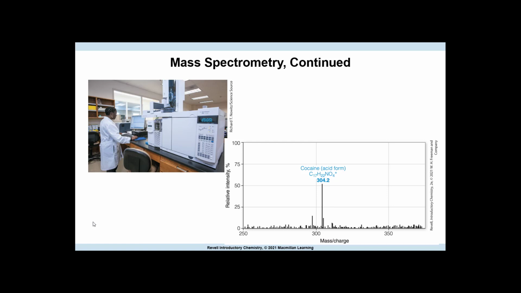Mass spectrometry is routinely used in chemical analysis. For example, forensic chemists use mass spectrometry to monitor for hazardous or illegal substances. This figure shows the mass spectrum of a sample taken from the surface of a dollar bill. Cocaine has a formula mass of 304.2. The signal at this mass indicates the presence of cocaine on the surface of the bill.